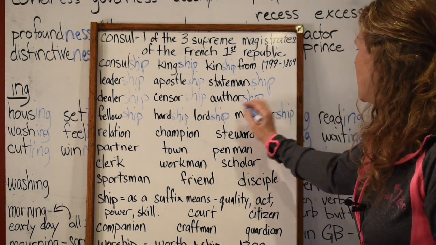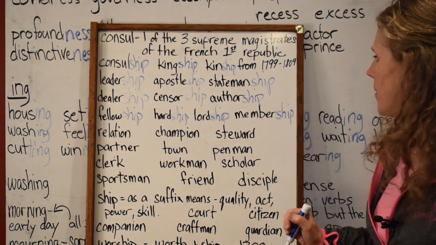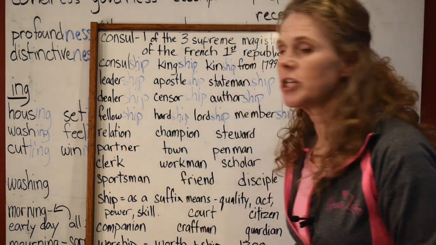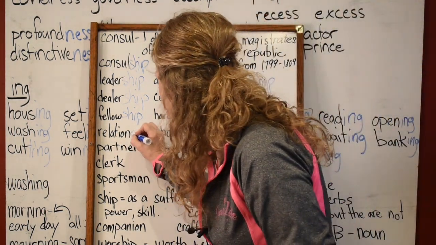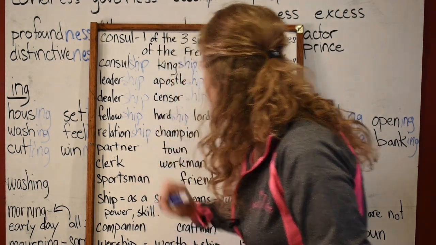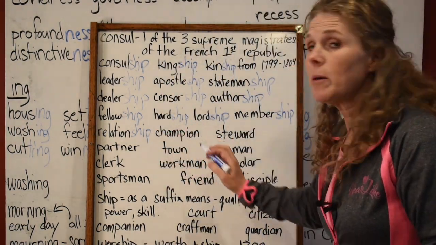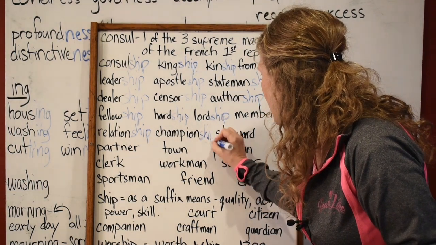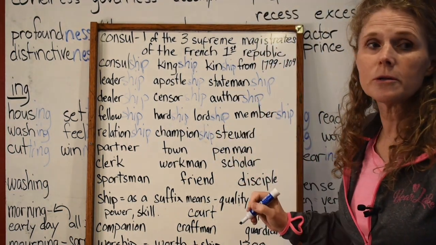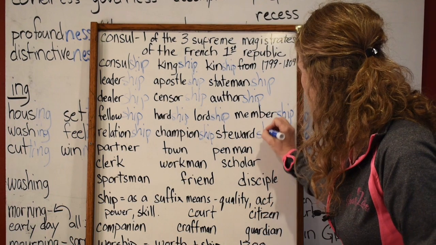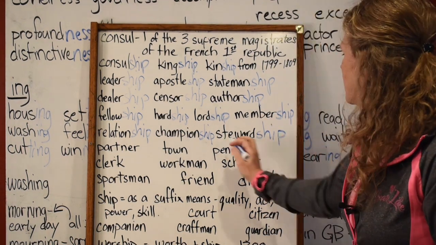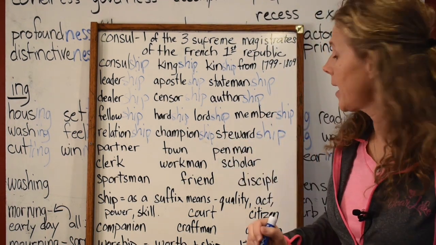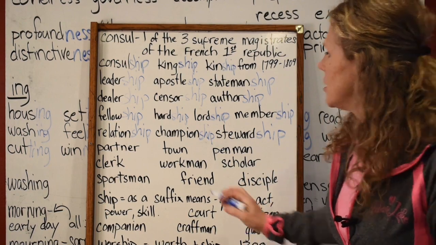This is a person, now it's become an abstract noun, the membership. Relation, relationship. Champion, see how this is a person, championship. It's become abstract. Steward, it's a person, stewardship. It's abstract. Okay, does that make sense to you guys?